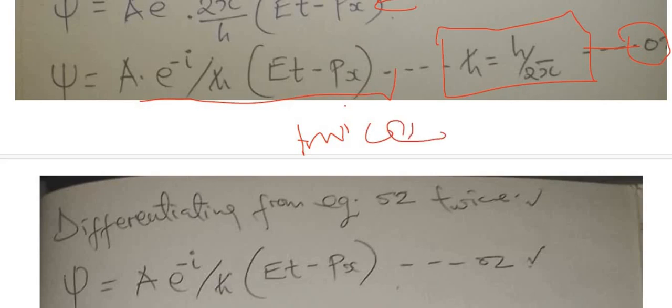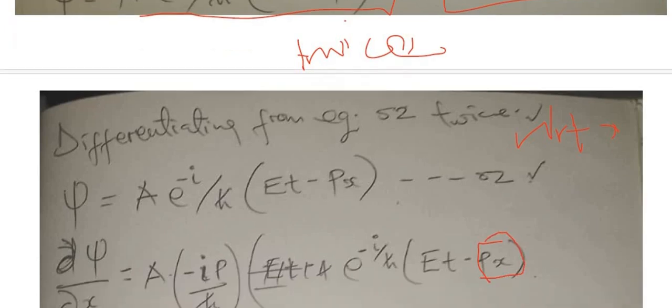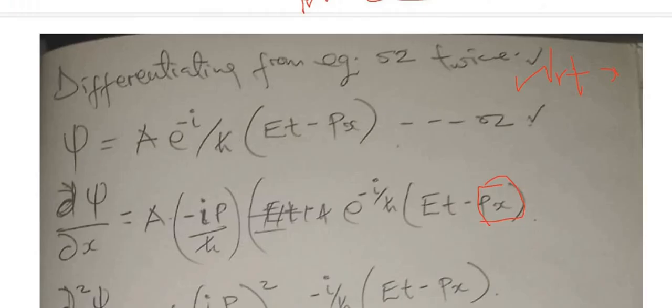We'll differentiate it twice with respect to x, because this is the time-dependent Schrodinger equation.